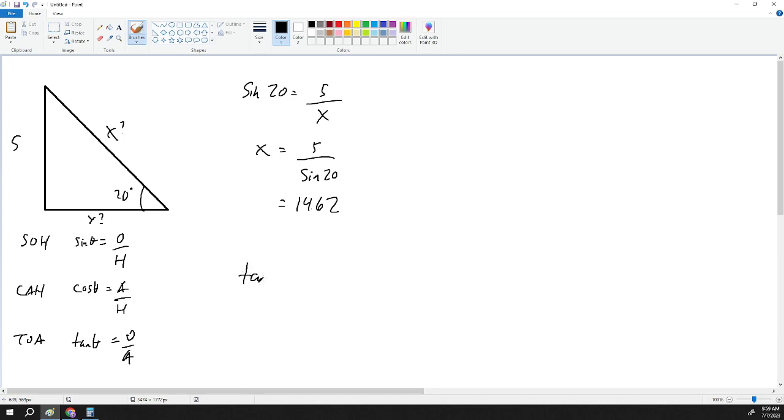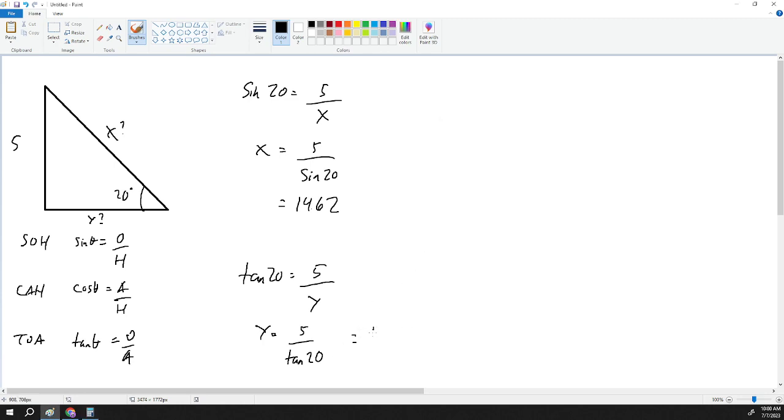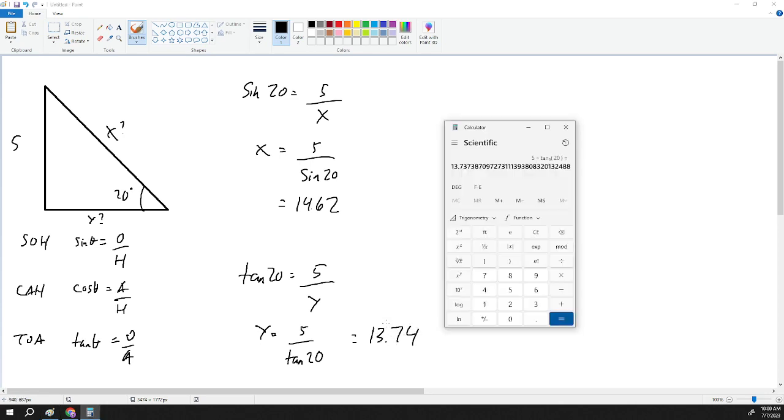So tangent of 20 is 5 over y, because opposite over adjacent. And we do the same thing again. Y is equal to 5 over tan 20, which is 13.73, we round it up, 13.74.